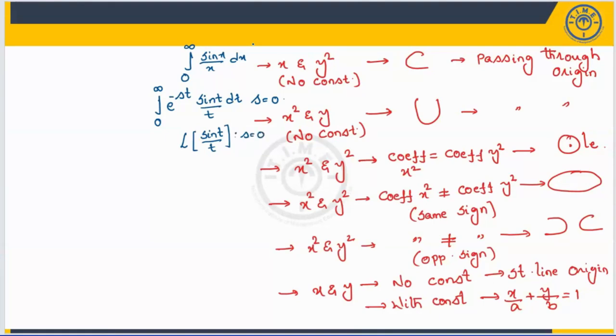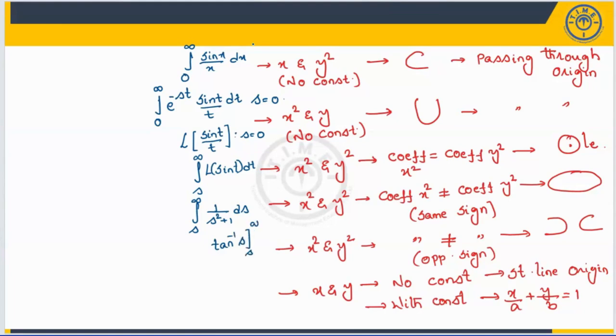So L of sin t by t, division with t, is the integral from s to infinity of L of sin t ds. Now what is L of sin t? It is 1 by s square plus 1, ds. The integral of 1 by s square plus 1 is tan inverse s.